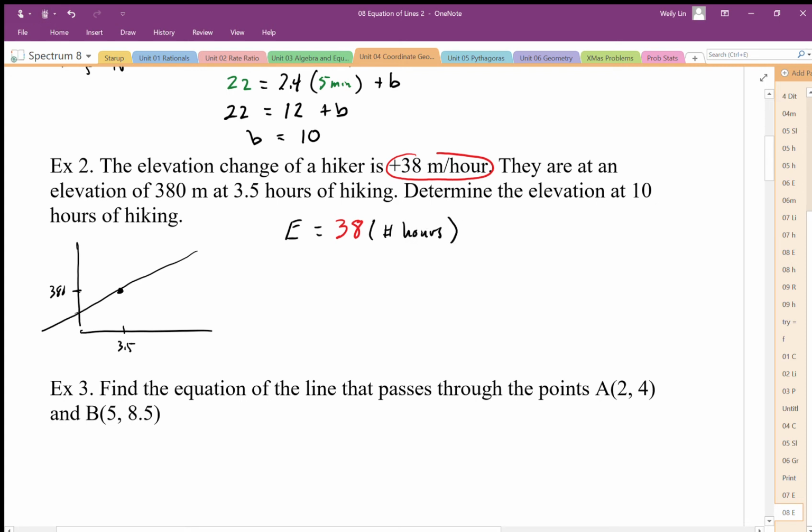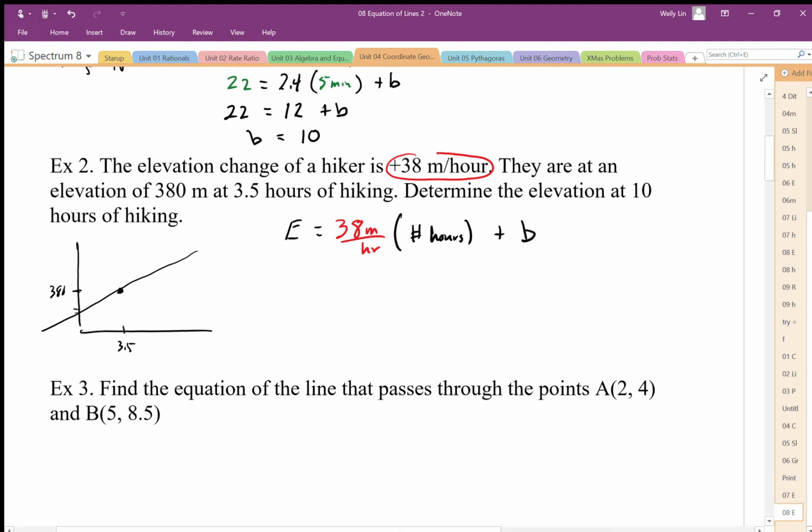I'm going to make sure I put my units in there because those units are really important to keep track of. Meters per hour times the number of hours, plus my starting position, which I'm going to call B. So I just need to figure out my B.